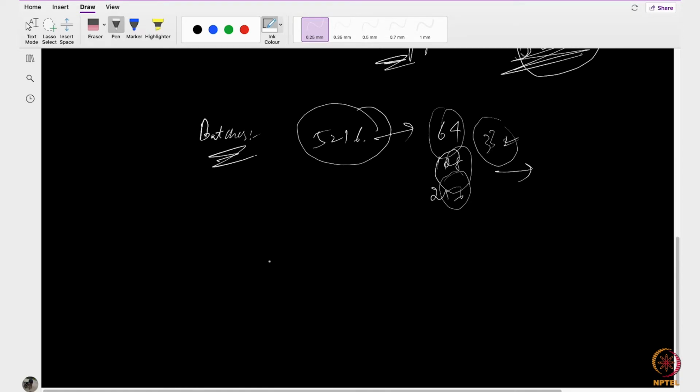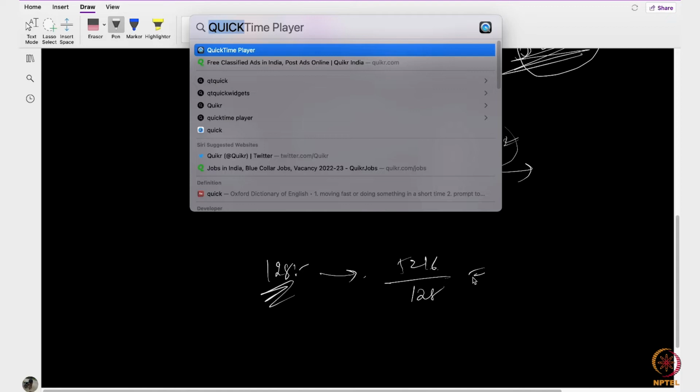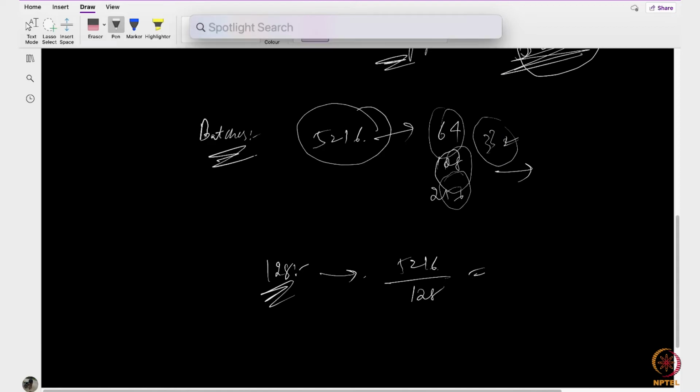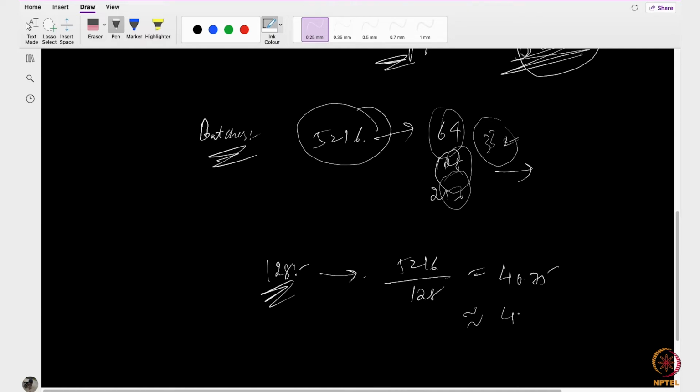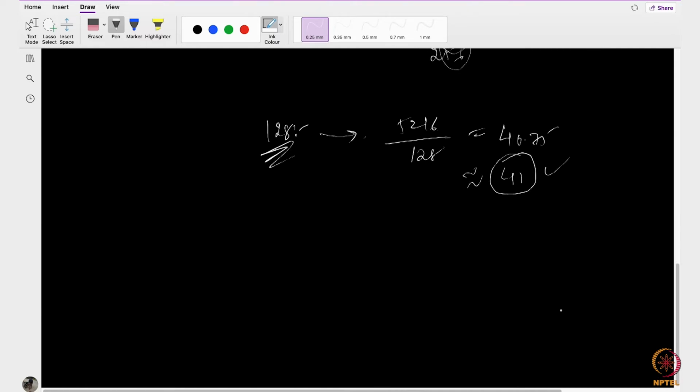Suppose I take a batch size of 128. Let us see how many iterations there will be in a single epoch. So 5216 total images divided by 128 is 40.75, rounded up to 41.